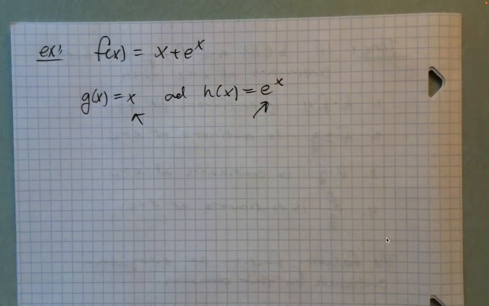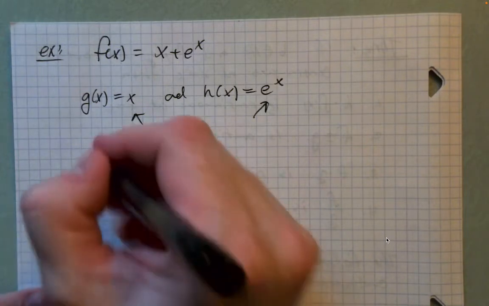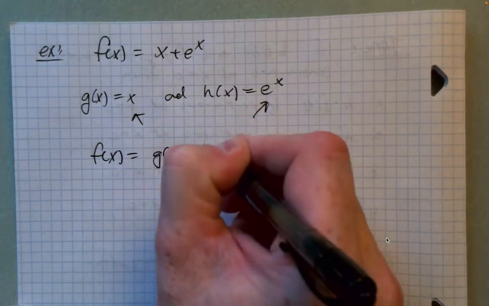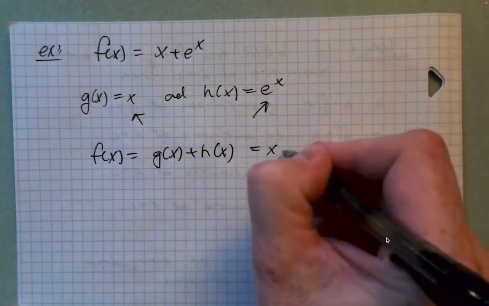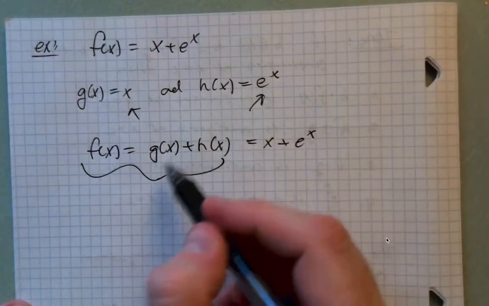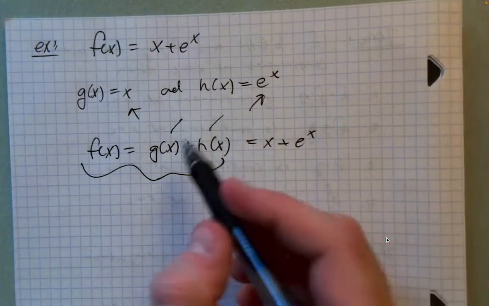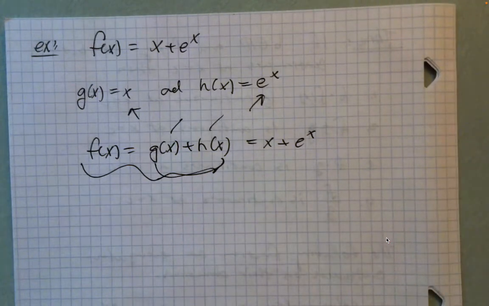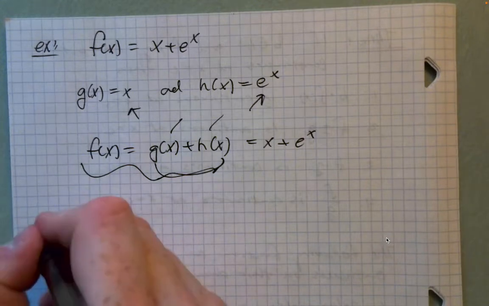You can plug in anything you want there, no worries, the limits all work. So f of x is just g of x plus h of x, which is x plus e to the x. Given these two being continuous, the sum is continuous, right? That's the previous theorem that we just saw. So nothing to worry about there. So that's good. What about another example?